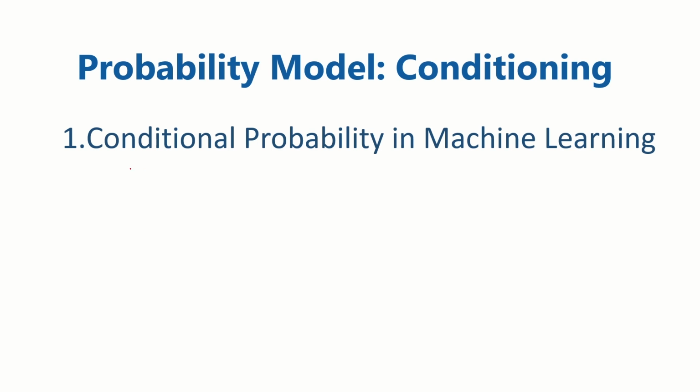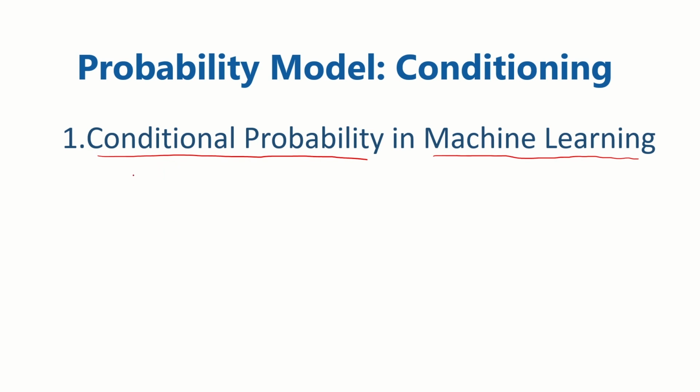Before moving on, it is important to realize the importance of conditional probability, particularly in the area of machine learning. As I mentioned earlier, most machine learning uses conditional probability in almost every model.